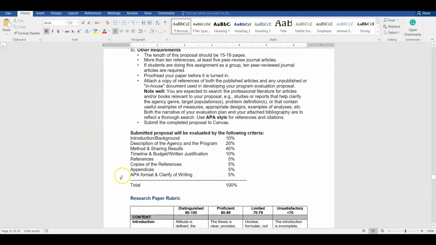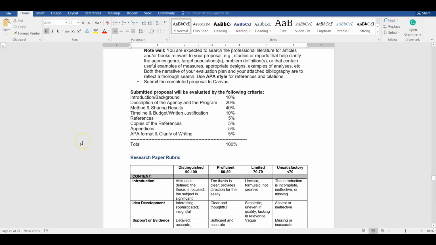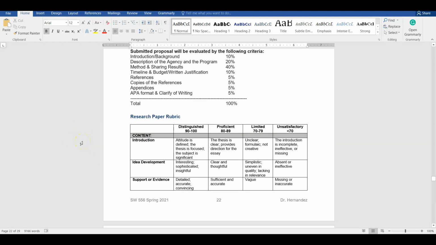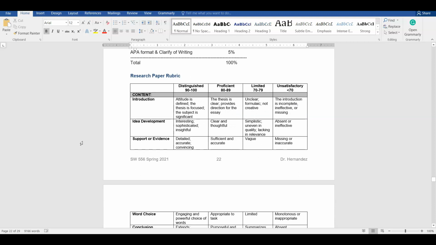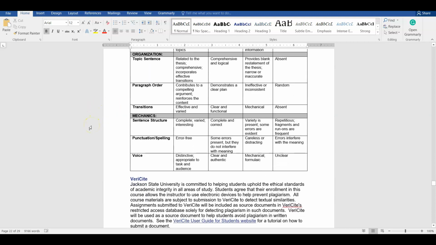Here is, as you can see, the APA. It's as important. If you want to know what makes a good paper or a good assignment, I include the rubrics. So if you say, why didn't I get an 80-something instead of a 90? Well, I can say, in the introduction, your thesis statement is clear, but it's not as good. And then 70 unclear, and so on for everything.